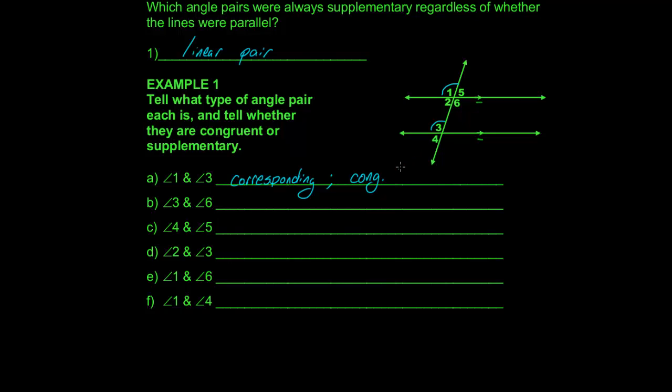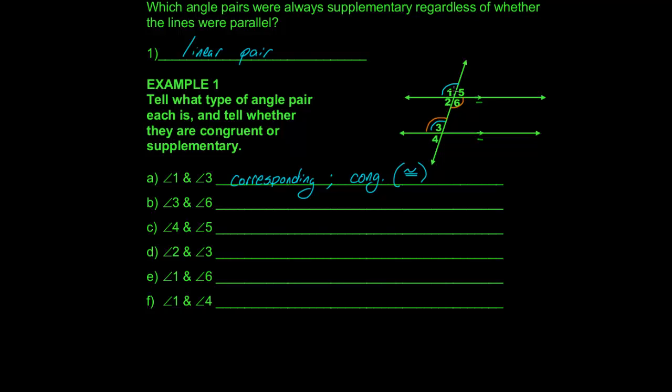Another symbol that you will see for congruent will be that, the equal sign with the little wavy line over the top. Alright, now let's look at angle 3 and angle 6. Alright, so by definition, we know that 1 and 6 are our vertical angles, so they will be congruent.